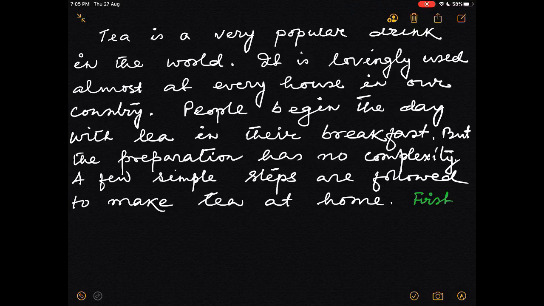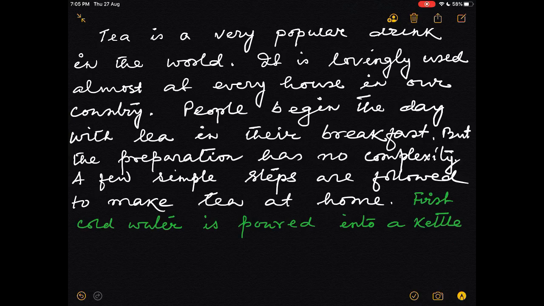First, cold water is poured into a kettle. First, cold water is poured into a kettle.